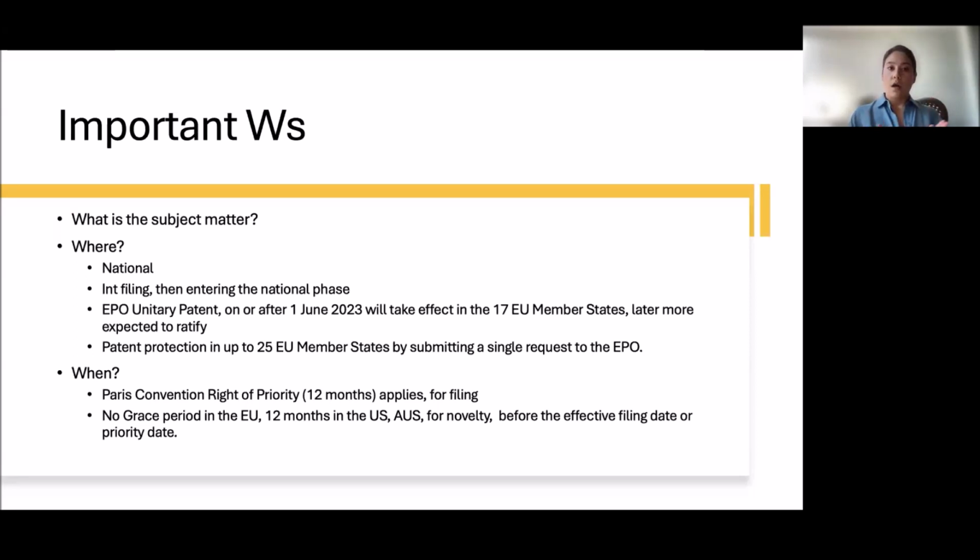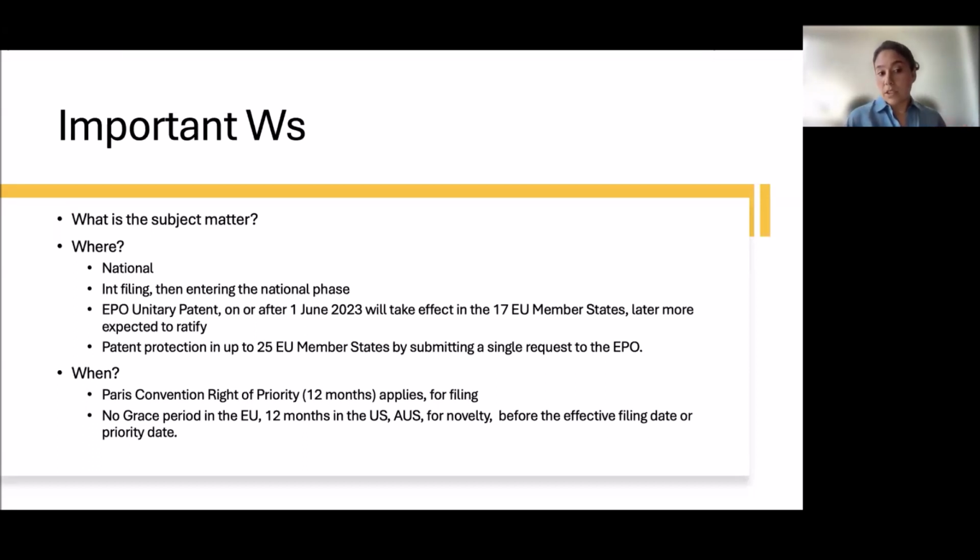So there is one examination, and you just have the patent, and you can just enforce in France, for example. And the Unified Patent Court has the ability to assess the validity and infringement of the European and unitary patent both.